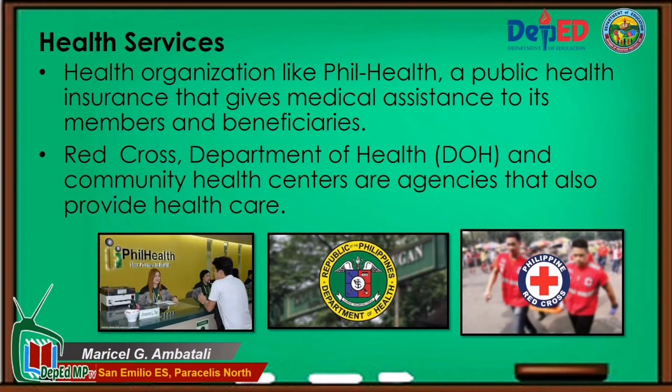Health organization like PhilHealth, a public health insurance that gives medical assistance to its members and beneficiaries. Red Cross, Department of Health, and community health centers are agencies that also provide health care.